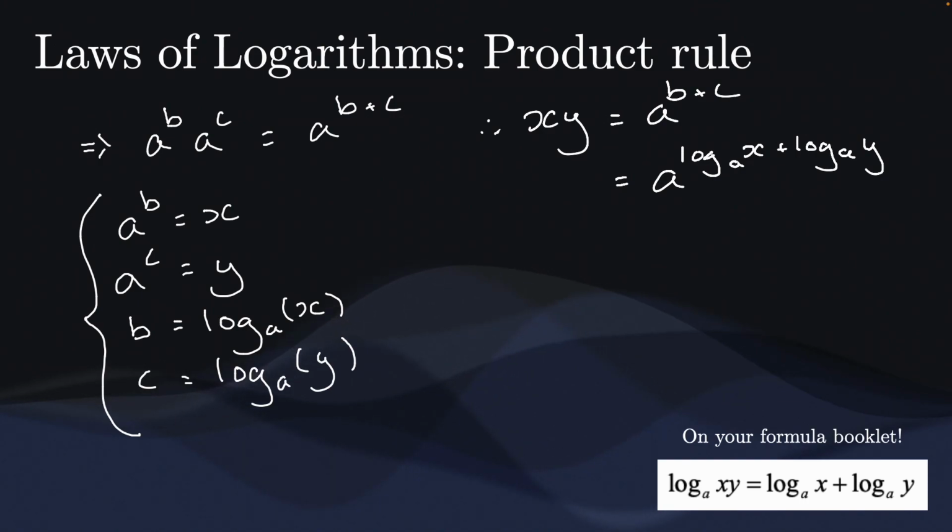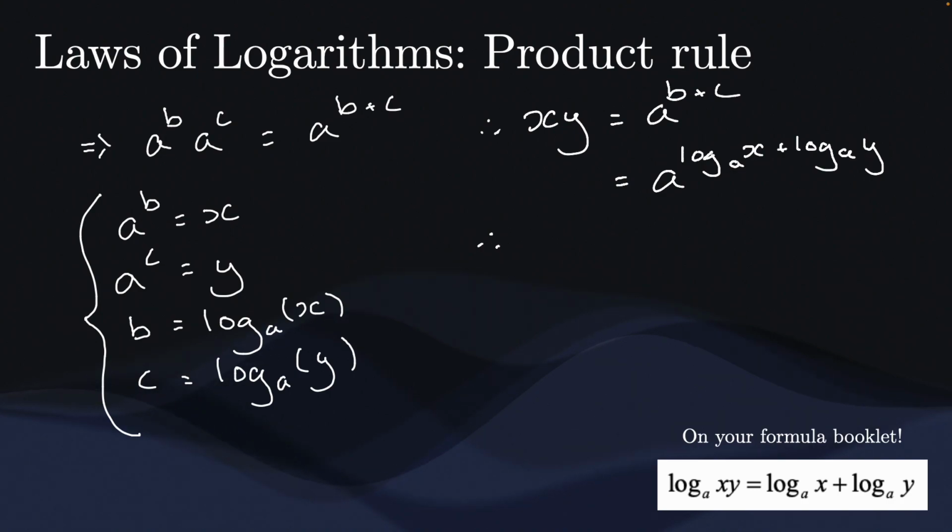What can we do with that now? Well, let's take this equation, x times y is equal to a to the power of log base a of x plus log base a of y, and try to put this on its own on one side. We can just use the identity of what a log is. Therefore, this is equal to log base a of xy, right?